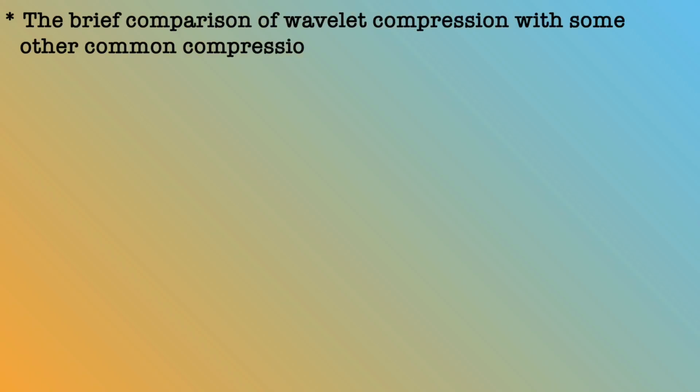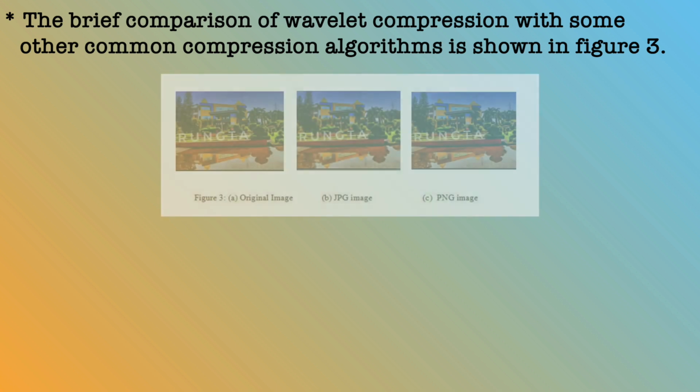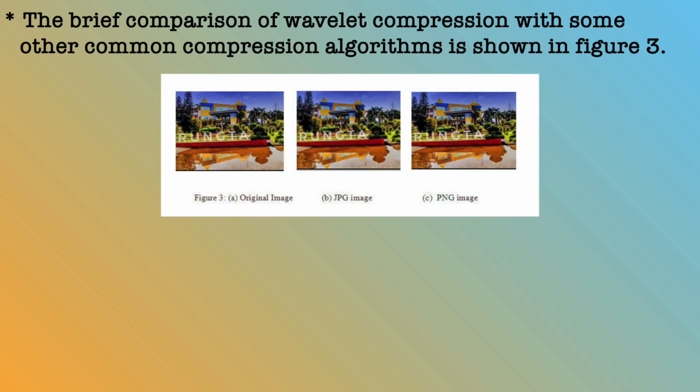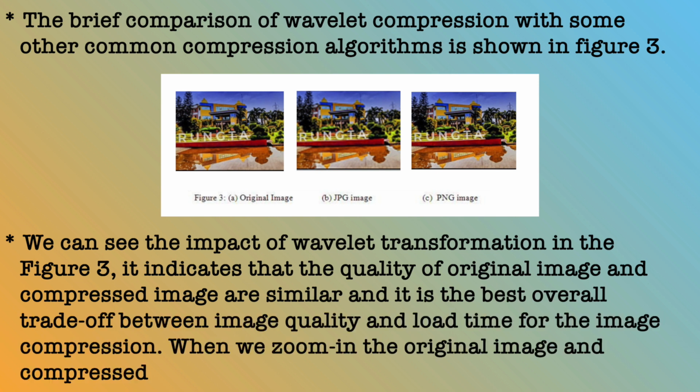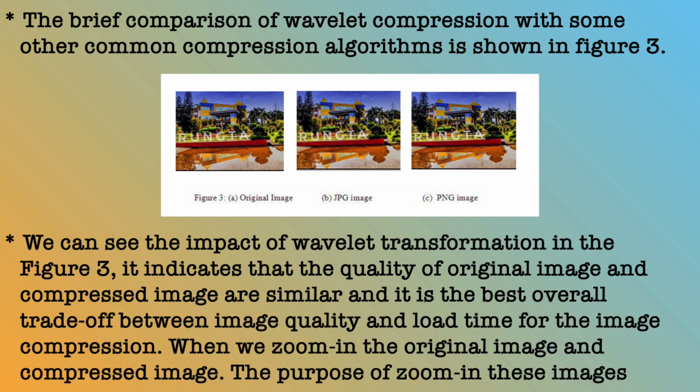A brief comparison of wavelet compression with some other common compression algorithms is shown in figure 3. We can see the impact of wavelet transformation in figure 3. It indicates that the quality of the original image and compressed image are similar, and it is the best overall trade-off between image quality and file size for image compression.